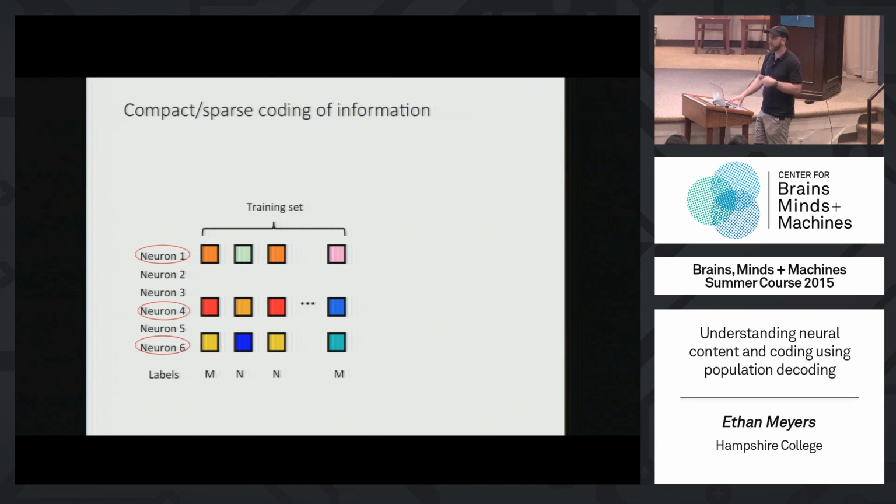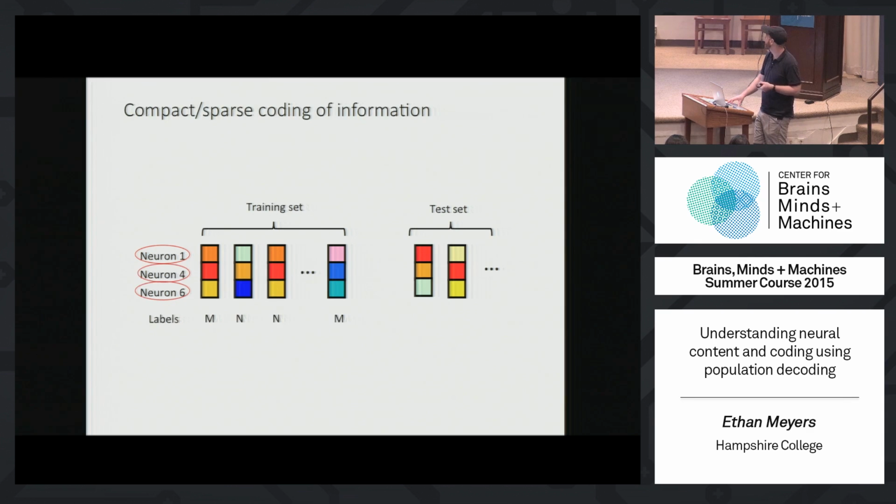Then we also go to the test set and delete those same neurons, and we do the whole decoding procedure on the smaller population. By selecting the neurons using only the training set, we're not biasing our results when we do the classification.